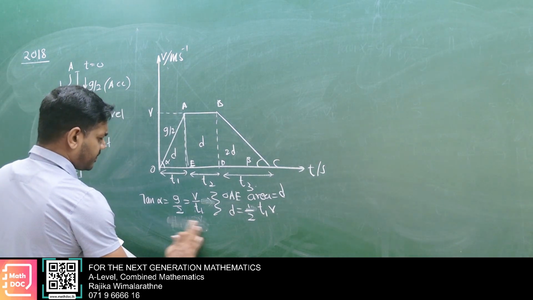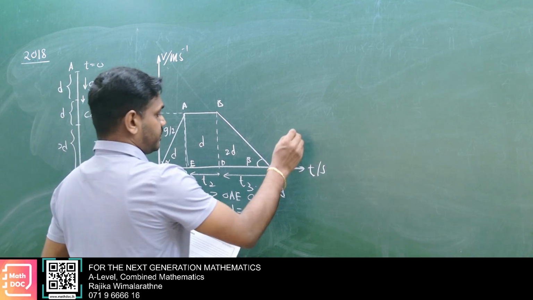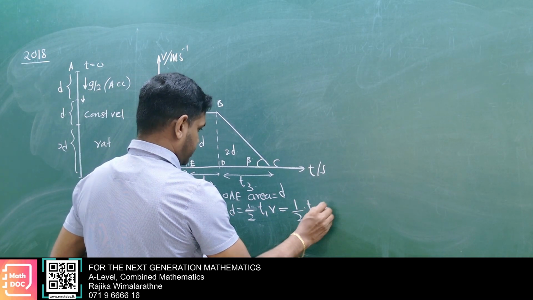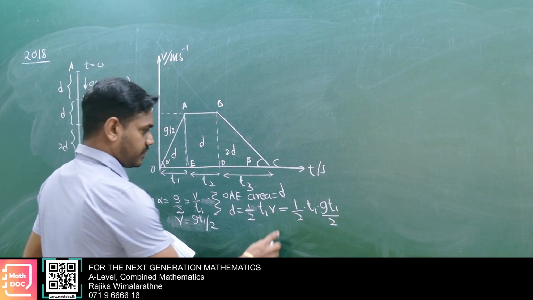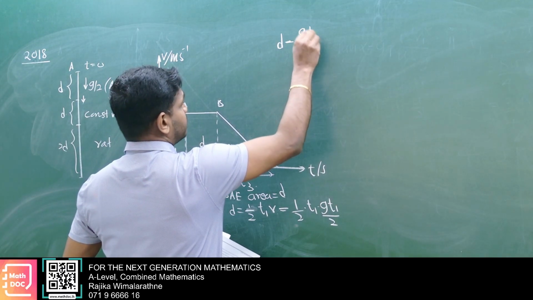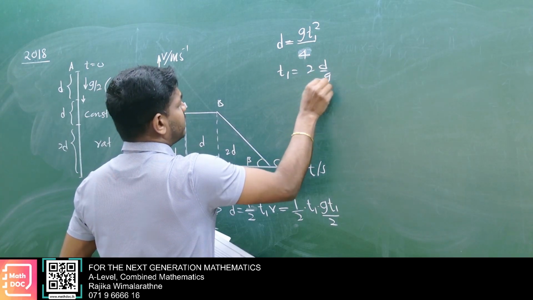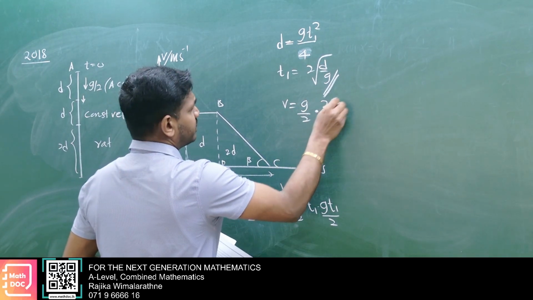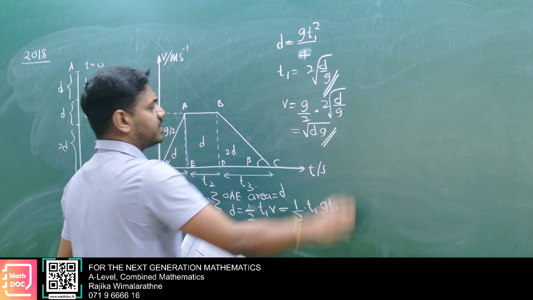Take v equals g t1 over 2. Put it here. Then by this you can find t1. t1 squared over 4, t1 equals root of 2d divided by g. Here v equals g over 2 t1, root of dg.